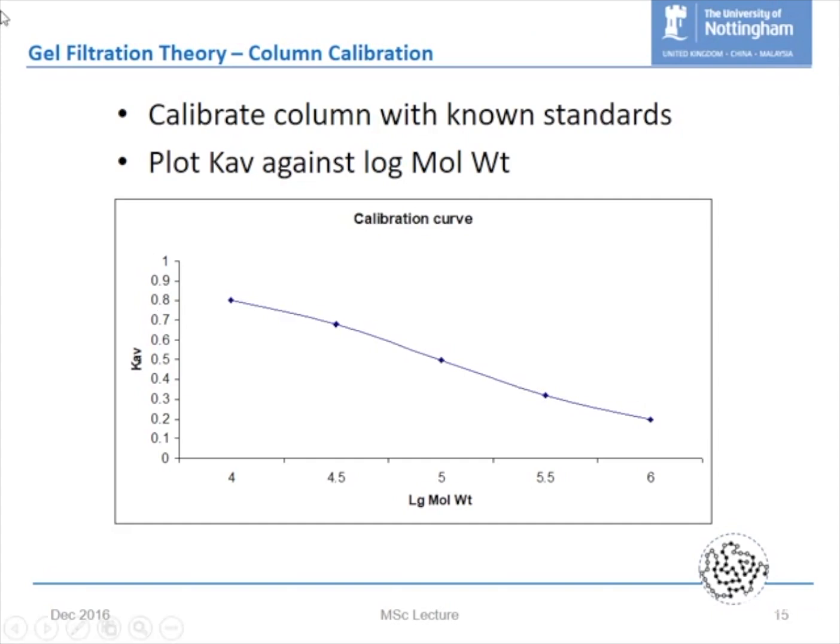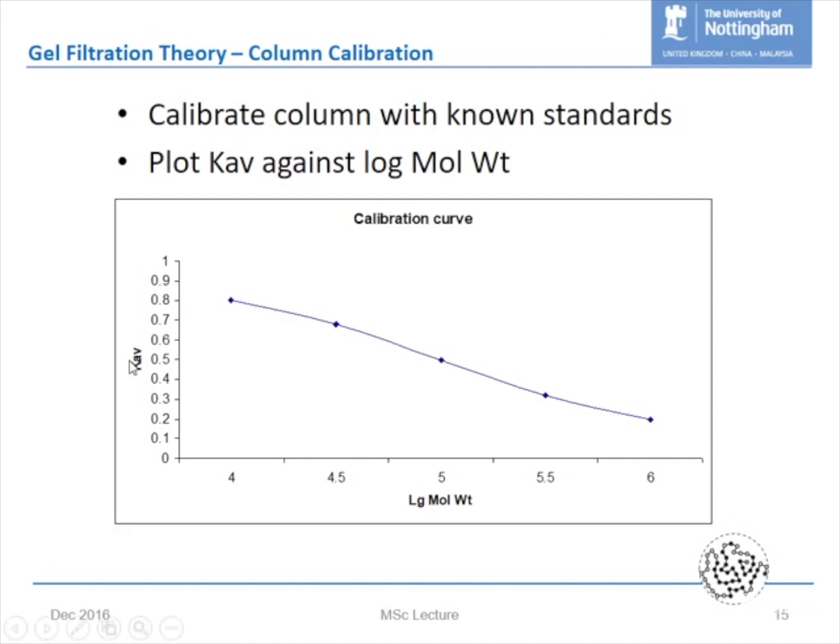And from that calibration curve, any unknown molecule between these molecular weights I can put on my column, and I will get some KAV for it. I can follow it across here, extrapolate it up and come across, and we can calculate KAV from the volume terms, and then work out the molecular weight.